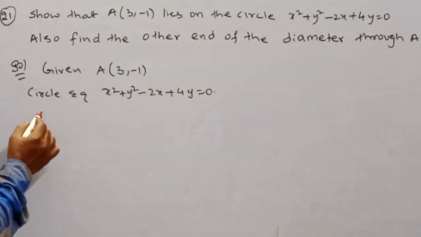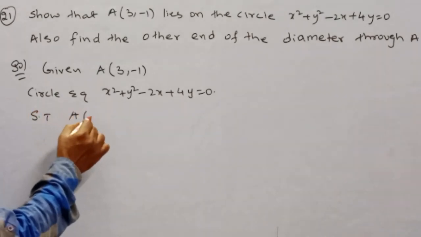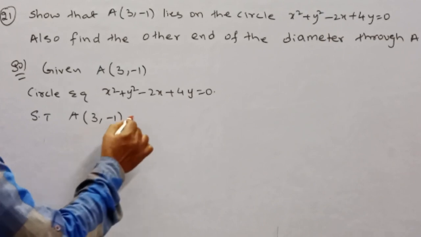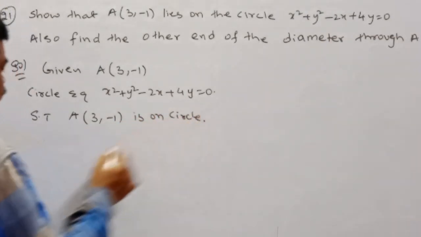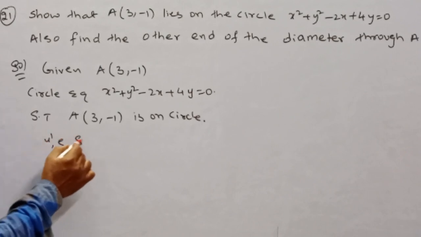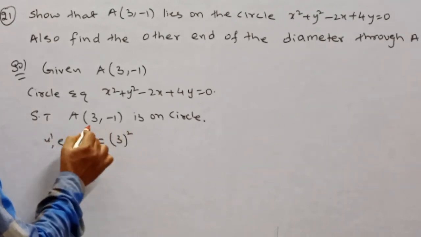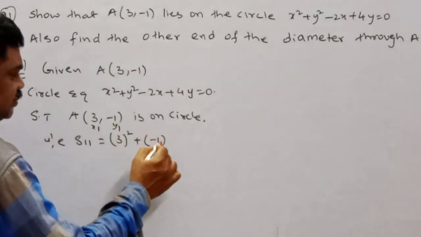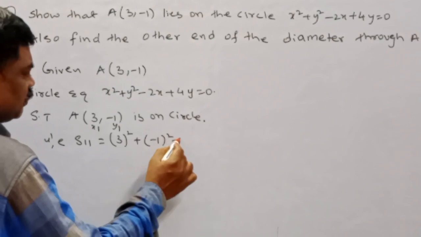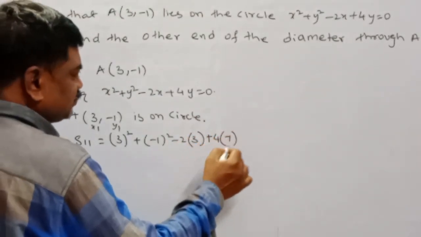To show that A(3, minus 1) is on the circle, find S11, where this is x1, y1: 3 square plus minus 1 whole square minus 2 of 3 plus 4 of minus 1.